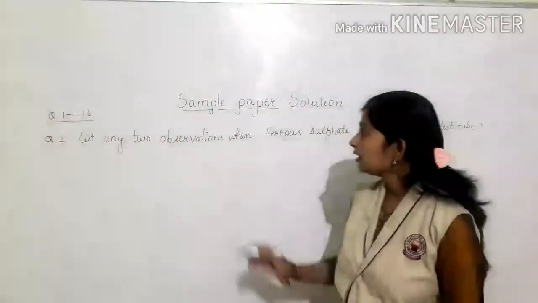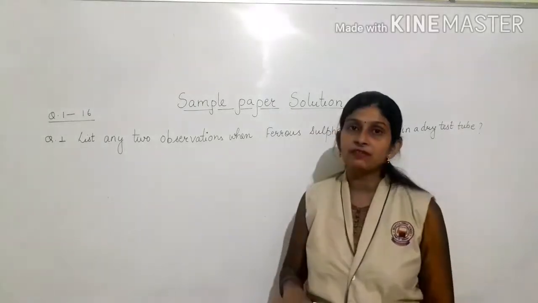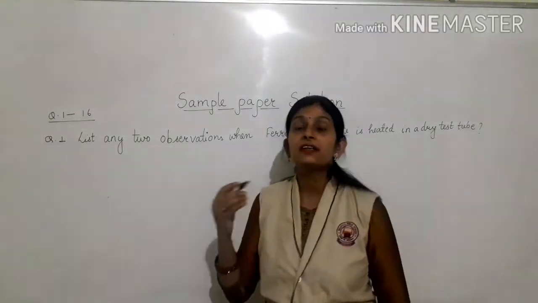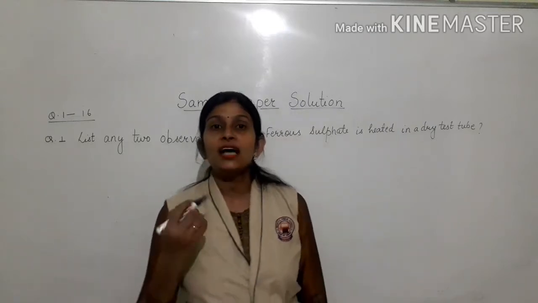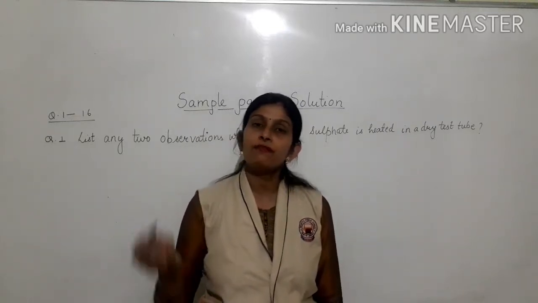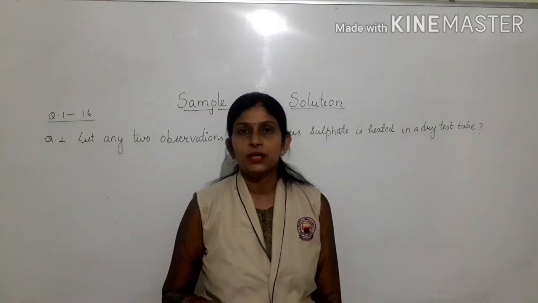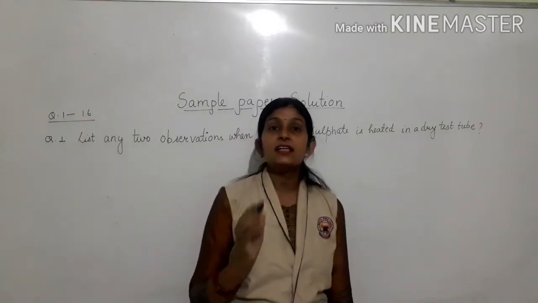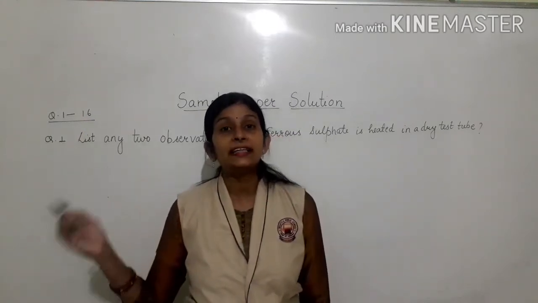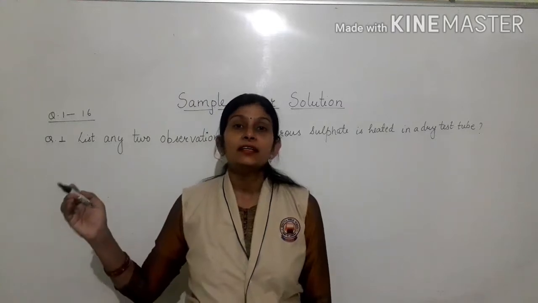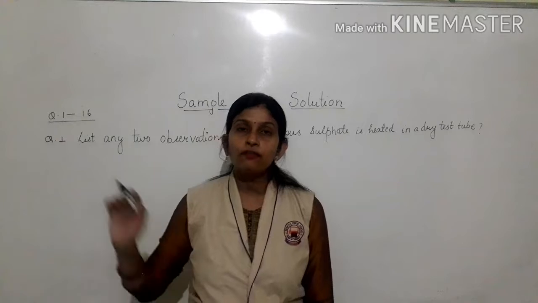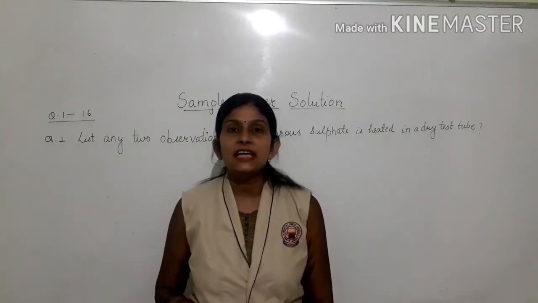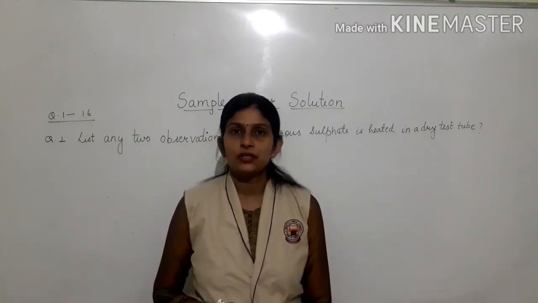See, here ferrous sulfate is given. Ferrous sulfate crystals are not given. But we have to start this question from ferrous sulfate crystals only. Because when ferrous sulfate crystals are strongly heated, then they produce ferrous sulfate along with the evaporation of 7 water of crystallization.